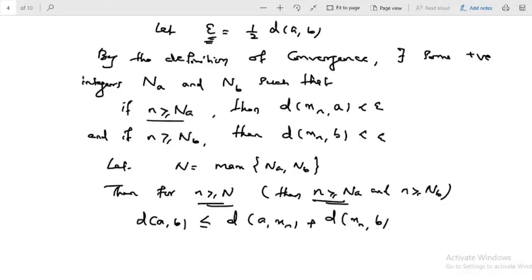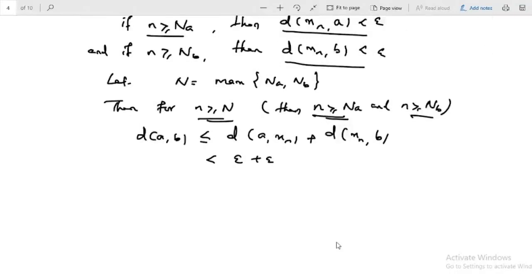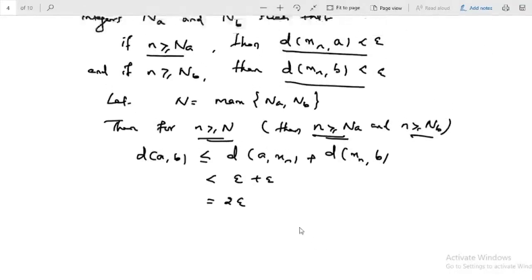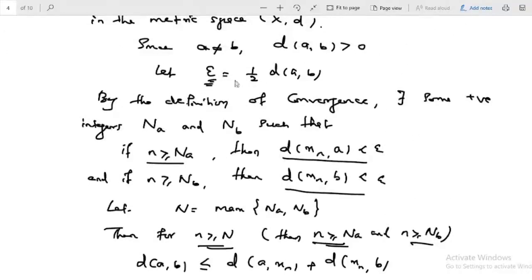Therefore for n greater than or equal to N_a, distance between x_n and a is less than epsilon. Okay. And for n greater than or equal to N_b, distance between x_n and b is less than epsilon. Therefore it is epsilon plus epsilon, which is 2 epsilon. And what about epsilon? Epsilon is half of distance between a and b.